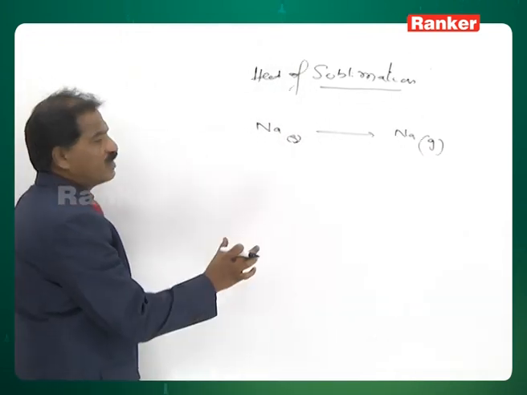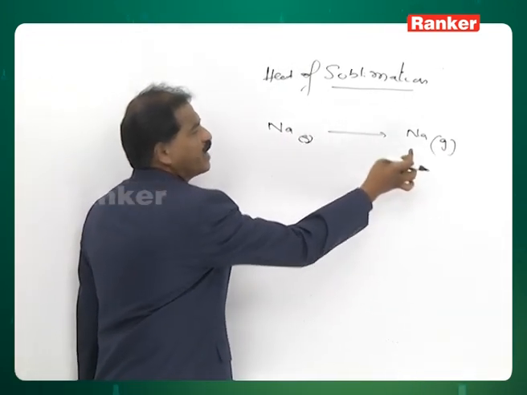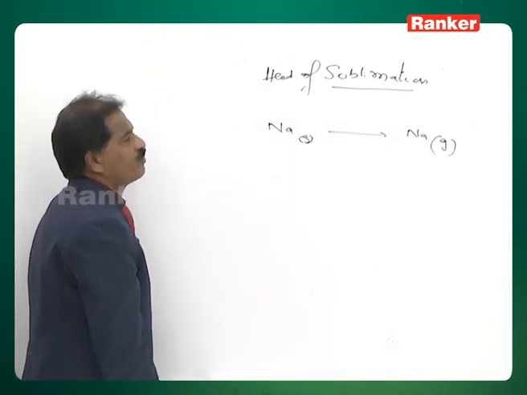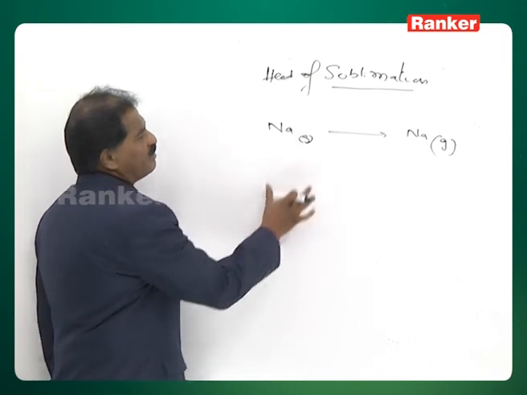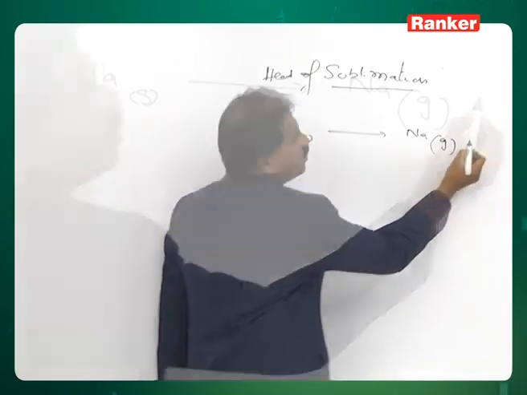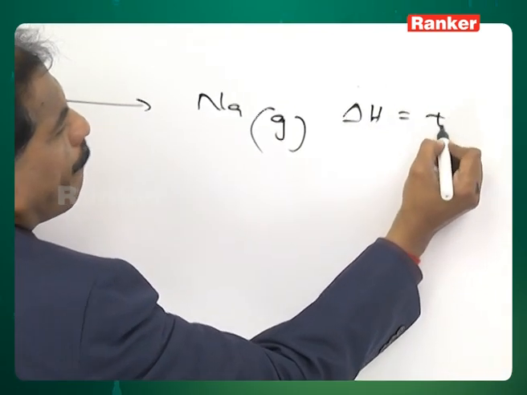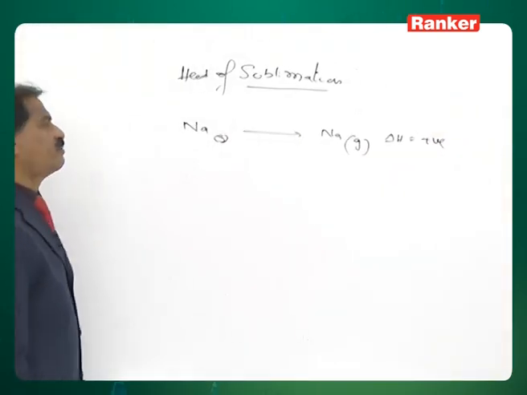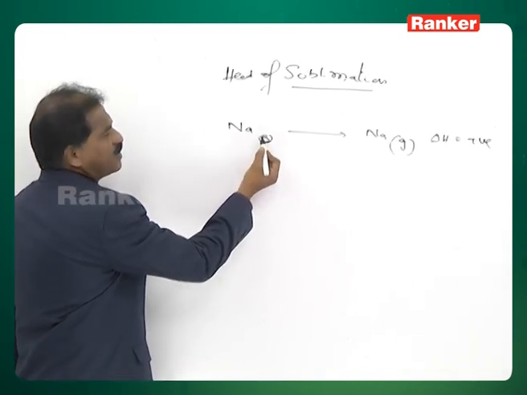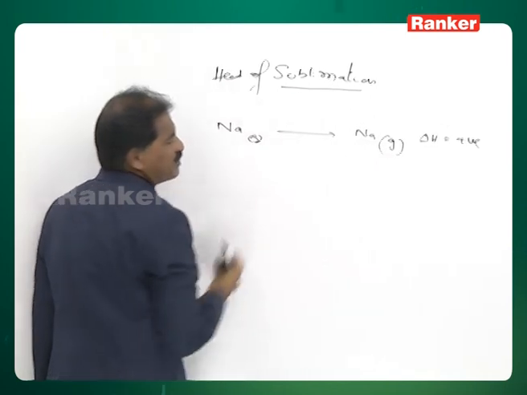The process of conversion of solid state into gaseous state without passing through liquid state is called sublimation. During the sublimation, always some amount of heat energy is required. Therefore, it is always endothermic. In this sublimation process, the substance is directly converting into the gaseous state.